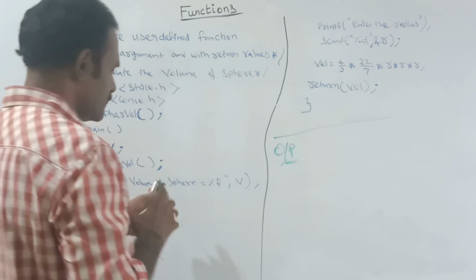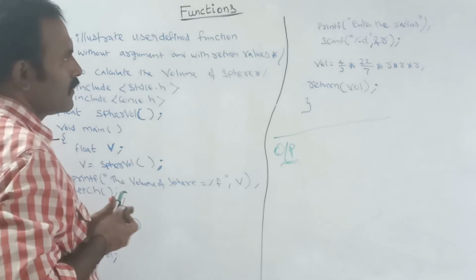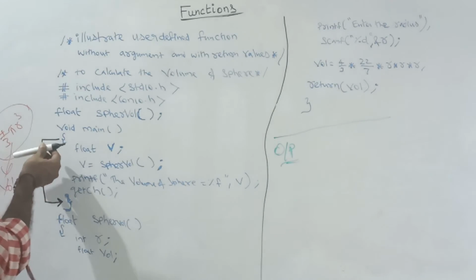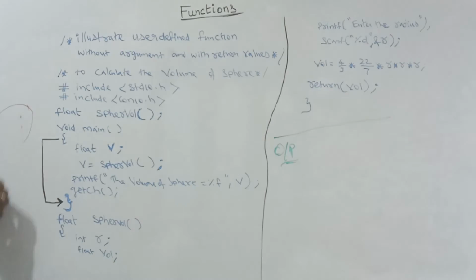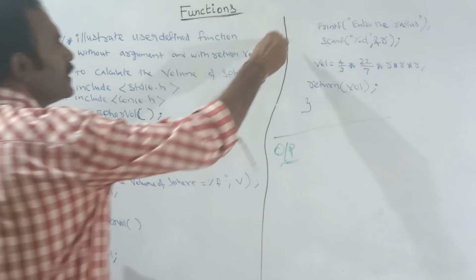At very first it will ask this while running the program. This is the open brace and close brace for main. This is the user defined function, open brace, and I am closing the brace here.